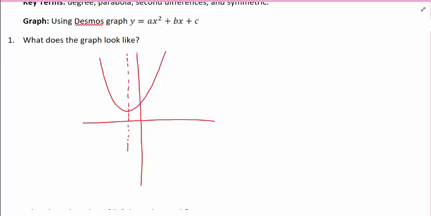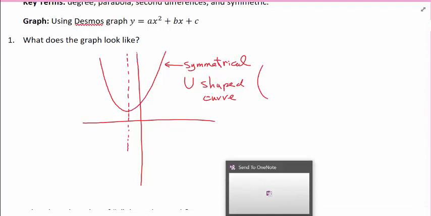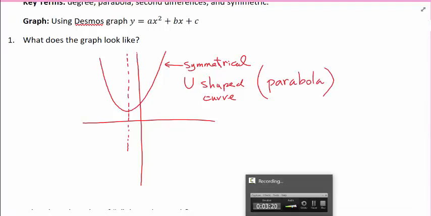So this is a symmetrical U-shaped curve. And the name of this curve, we call it a parabola. So when I talk about a quadratic relation and the graph, I will call it a parabola.